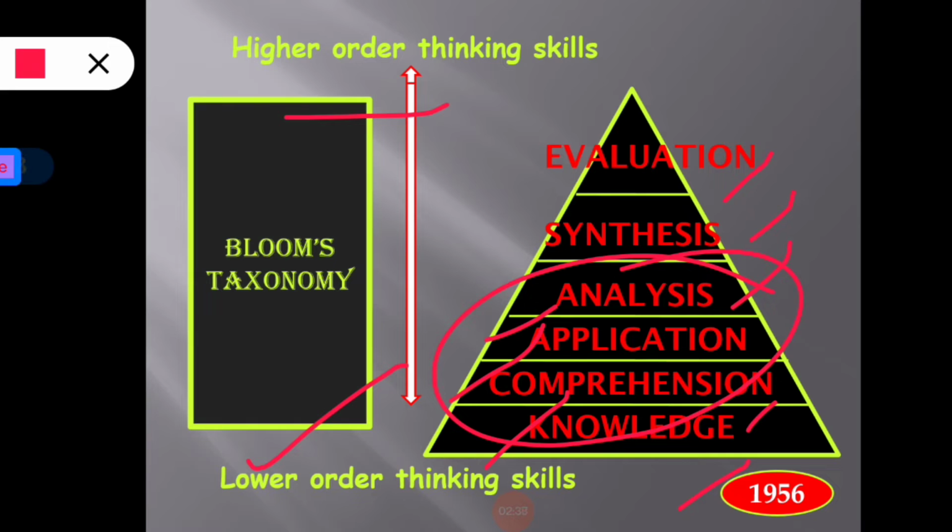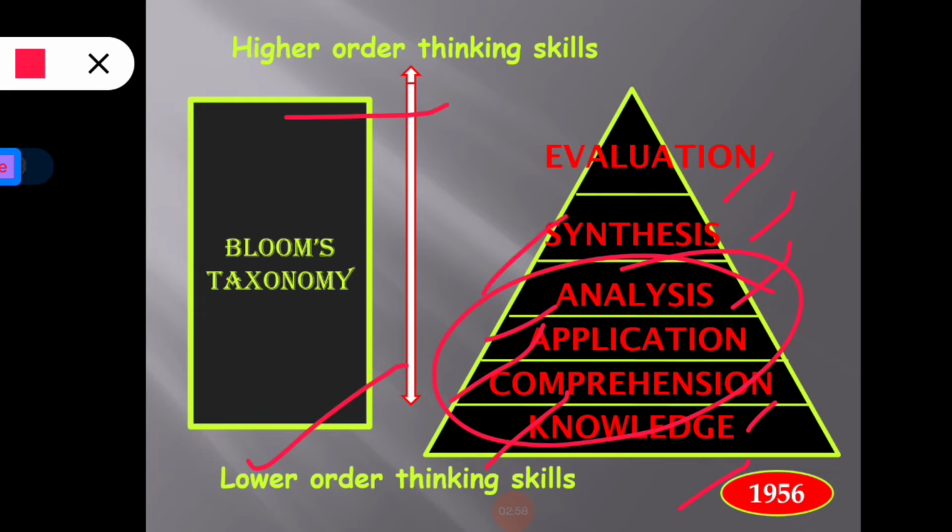Okay, so now move on to the third one, that is application. After knowing the meaning of the concept, you can apply it anywhere, in any situation if you need. So application is the third category of Bloom's taxonomy.